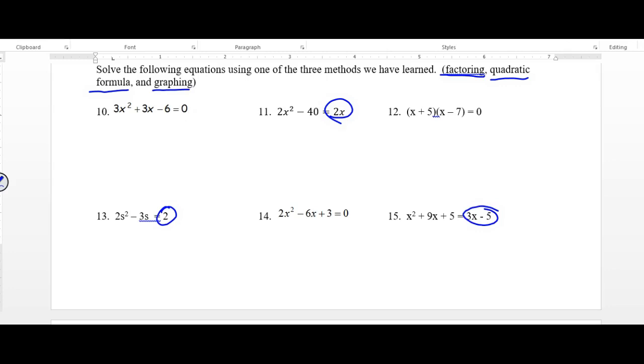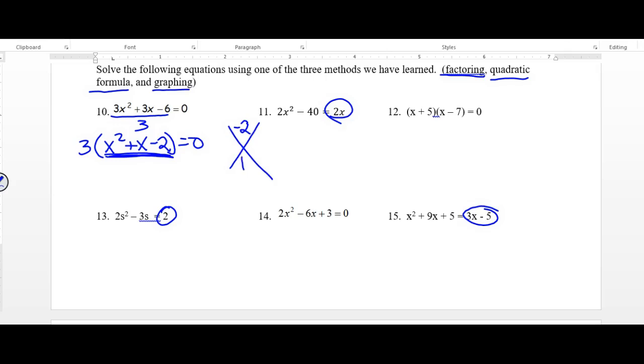Check for GCF. I can factor out a 3 of all these. So 3x squared plus x minus 2. So this is what I'm actually factoring, x squared plus x minus 2. That gives me negative 2 up top and 1 on bottom.